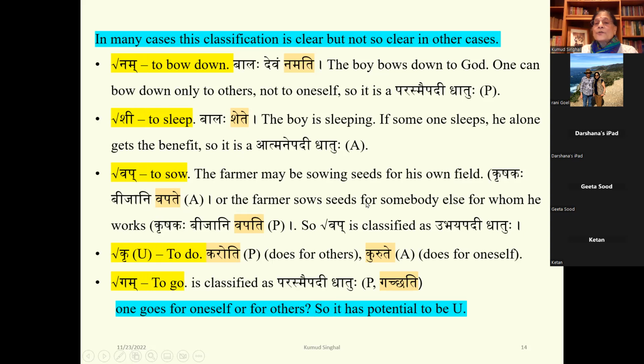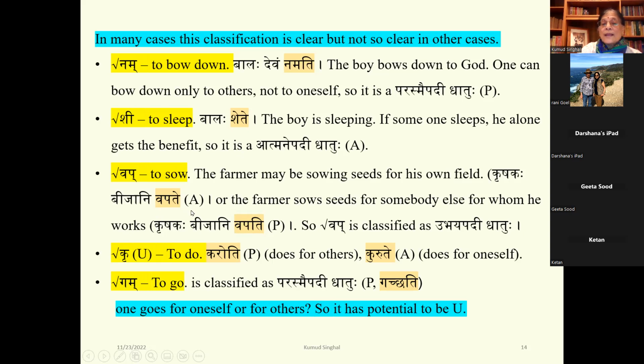Or the farmer sows seed for somebody else for whom he works. Now the action is performed for the benefit of others, so it will be a parasmaipadi verb form, vapati. So krishakaha bijani vapati.